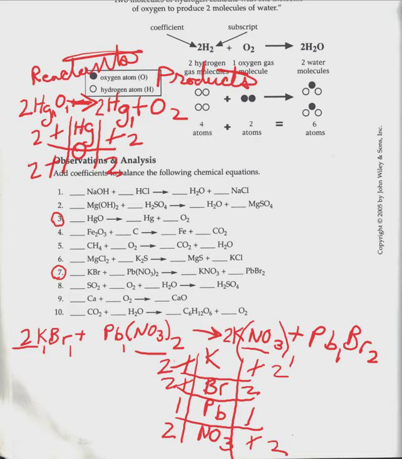So I have same number of potassiums on both sides, same number of bromides on both sides, same number of nitrates on both sides, and same number of leads, the Pbs, on both sides. And so our chemical formula is balanced.